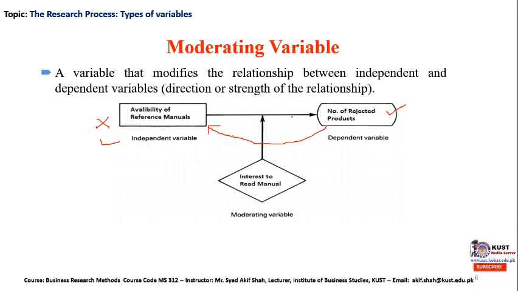But in order to explain this relationship between the availability of the reference manual and the number of rejected products, we have another variable, which is interest to read the manual. If the workers of the organization are interested to read the reference manual before manufacturing the product, then the number of rejected products will be quite lower.